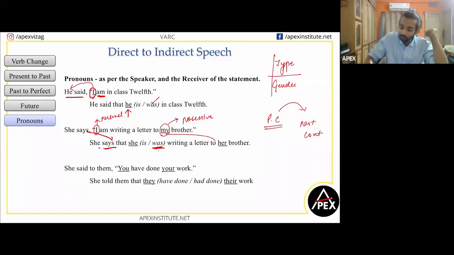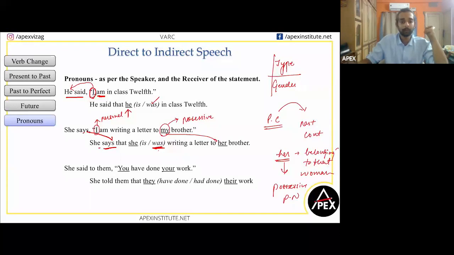See, this my also now will become her. Why? Look, her means belonging to that woman, no? So this her is also a possessive pronoun. Okay.